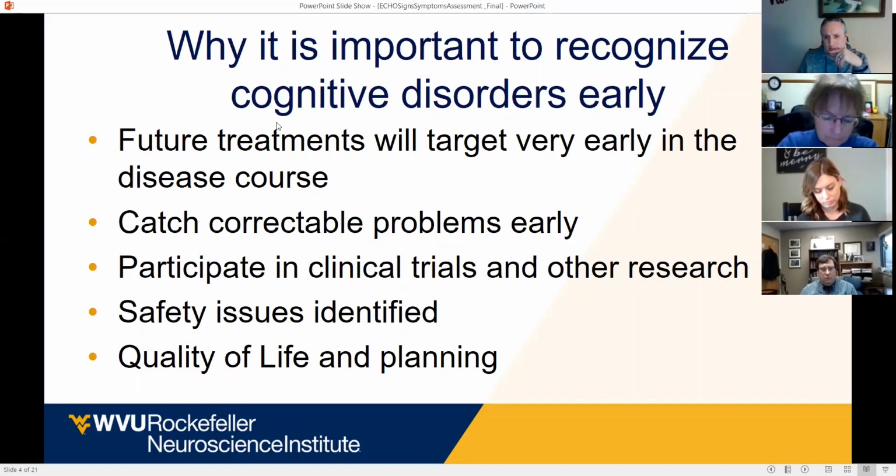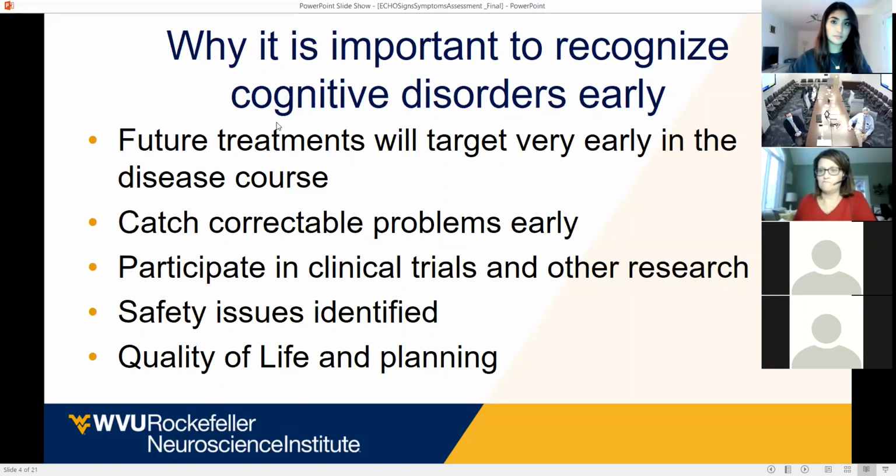So why is it important to recognize these cognitive disorders early? Probably the most important thing is that future treatments are really going to be geared towards targeting people very, very early in the disease course. In fact, the Biogen drug, which is under consideration with the FDA now, is going to be limited to people who don't actually have a diagnosis of dementia or are very early in the course.